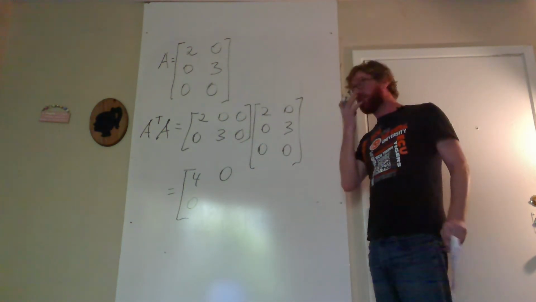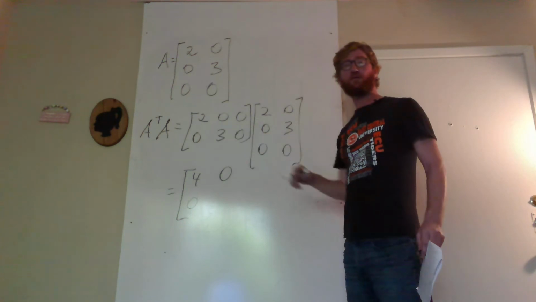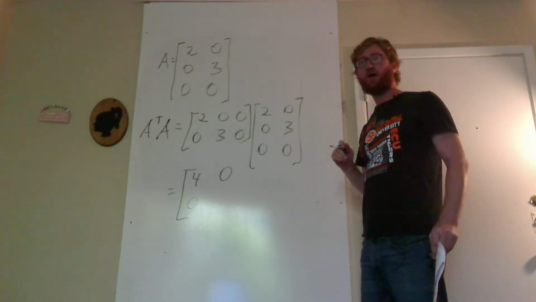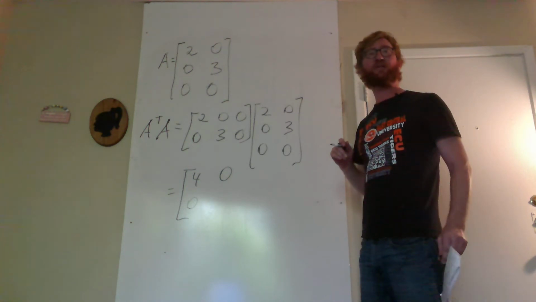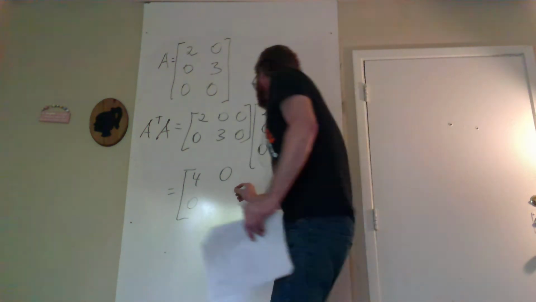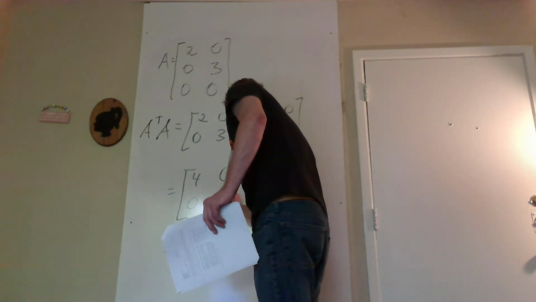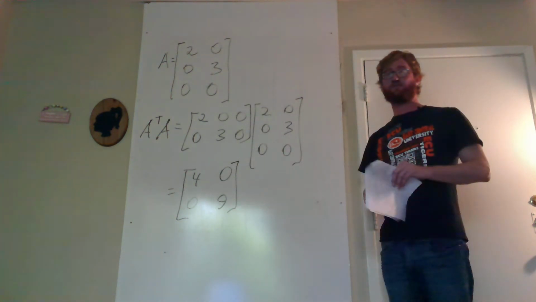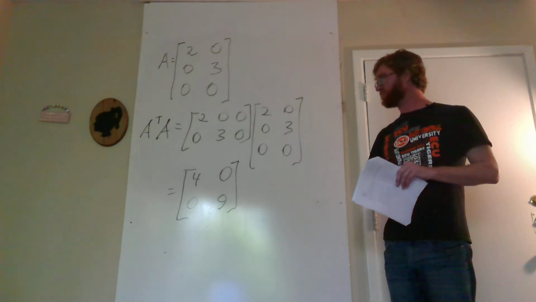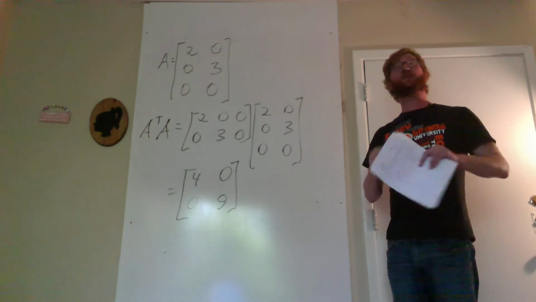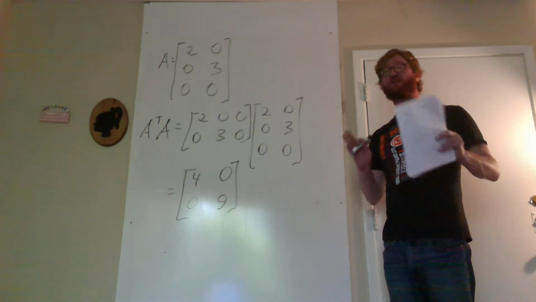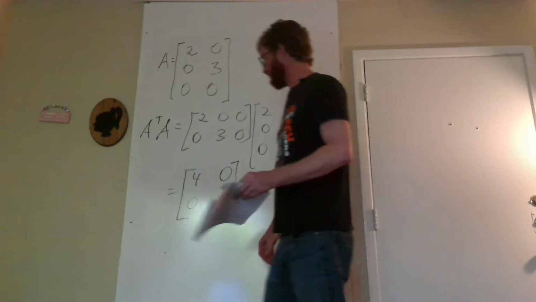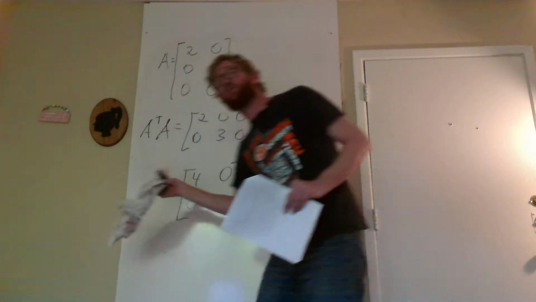Now 0, 3, 0 acting upon 0, 3, 0 is basically just going to be 3 times 3, which comes out to 9. So that's the very first step of the problem. Step 1, just A transpose A.